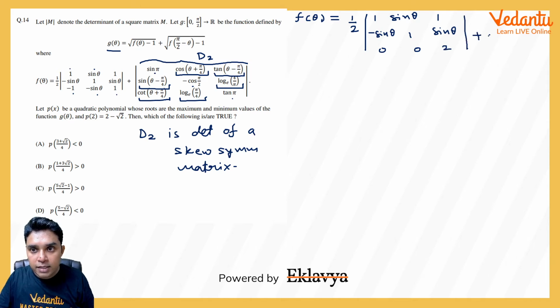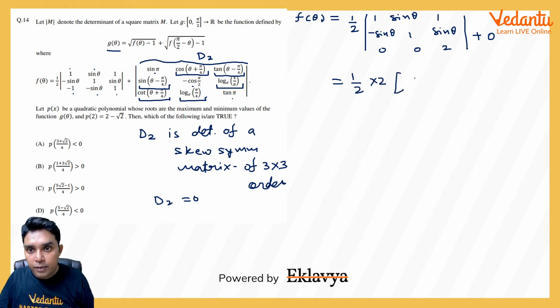And D2, as I told you, is the determinant of a skew symmetric matrix of 3 into 3 order. So D2 has to be 0. So what is f theta then? 1 by 2 into 2 into, expanding it like this, 1 plus sine square theta. So f theta we have got as 1 plus sine square theta.